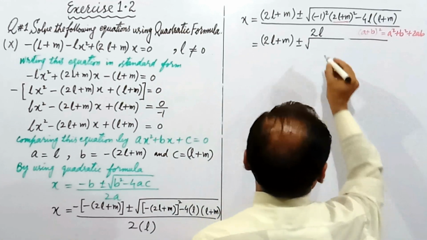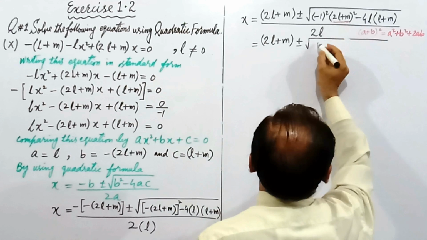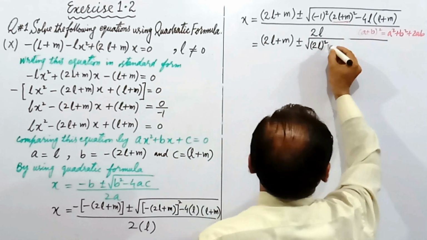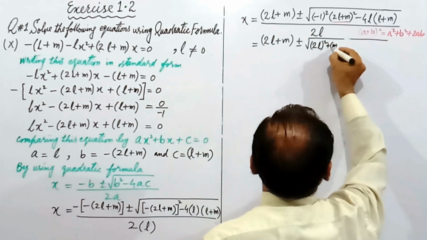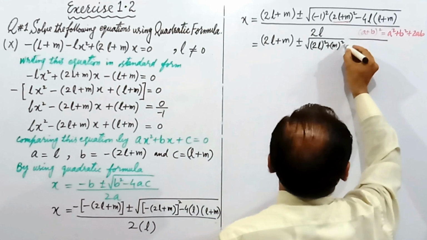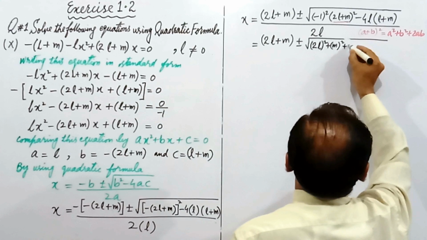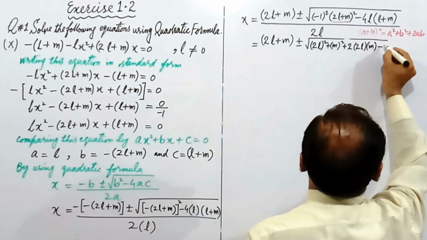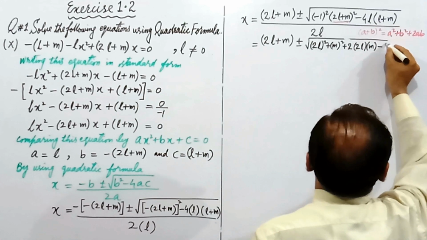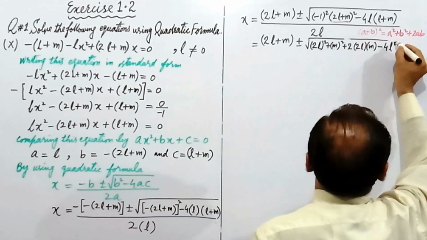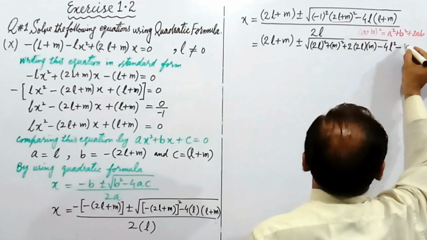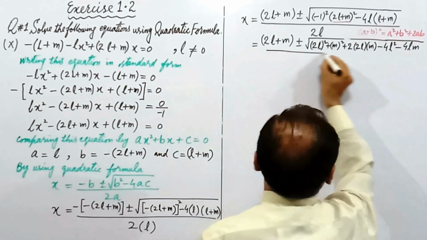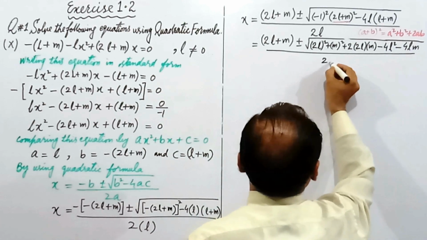We have in the next step the square of a, that is 2L square, plus m square, plus 2 into 2L into m, minus 4L into L, minus 4L square, minus 4Lm, divided by 2L.